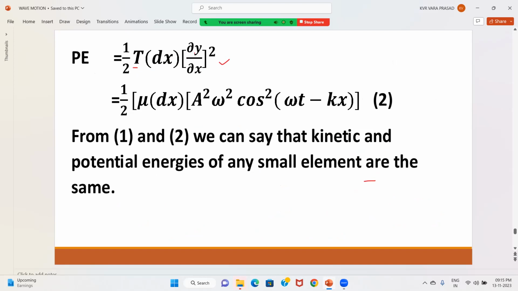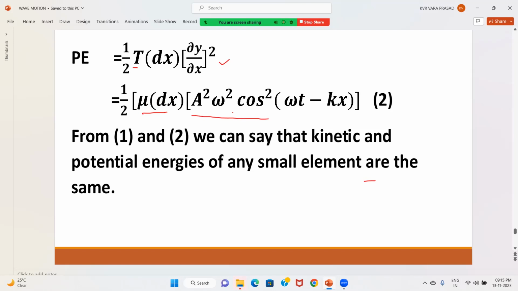Now in place of dou y by dou x, we write A omega cos function and square of that. So finally we got half mu dx A square omega square cos square (omega t minus kx). Right? This is the potential energy of that small element whose length is dx.